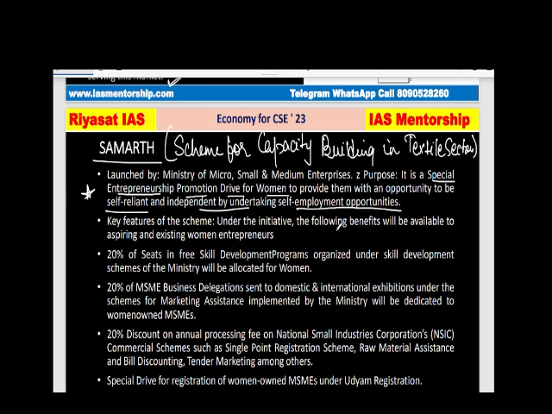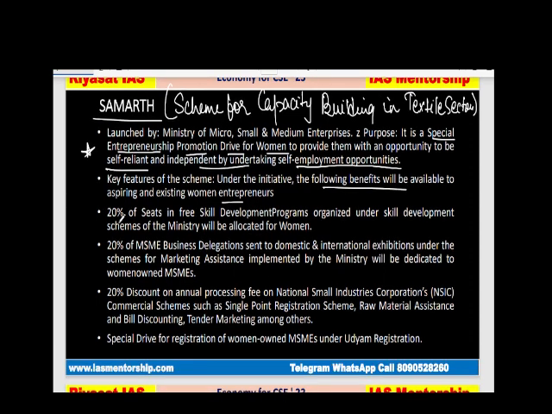Under this initiative, there are many benefits we can see here. 20% of the seats in free skill development will be allocated to women. 20% of MSME business delegations to domestic and international exhibitions will also be women. 20% discount will also be provided on the annual processing fee of the National Small Industries Corporation.